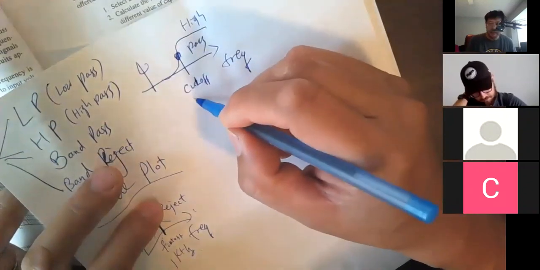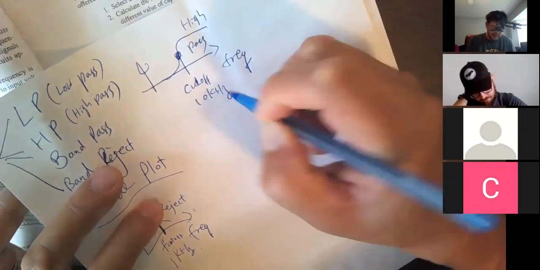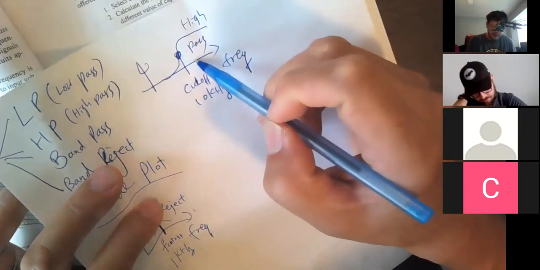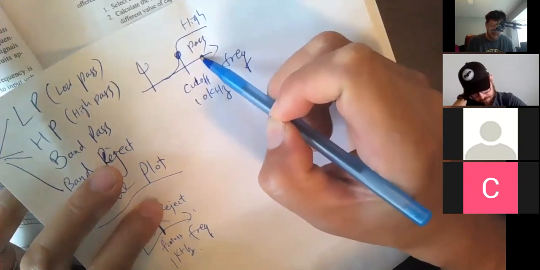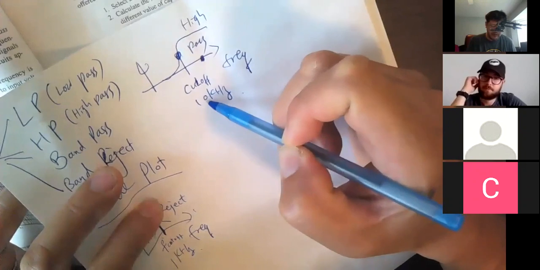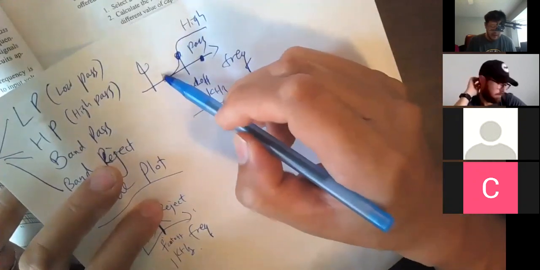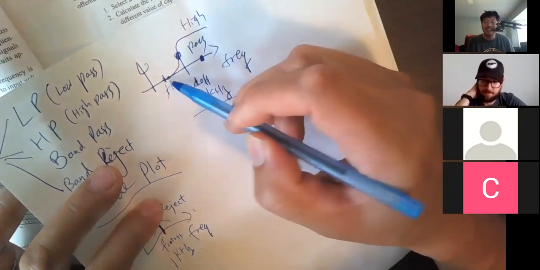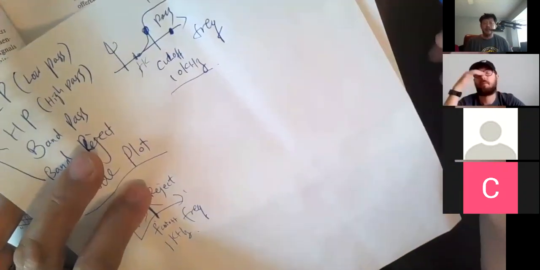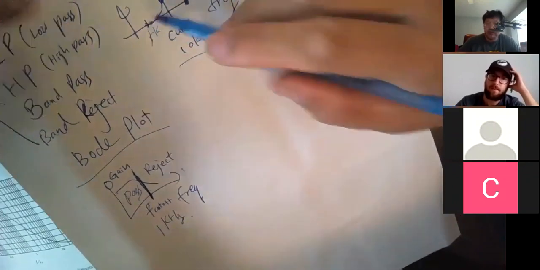If the cutoff frequency is 10,000 Hertz, so if your signal is 20,000 Hertz, it will pass, because the cutoff is 10,000. If your signal is 5,000 Hertz, it will be rejected. So at the output, there's nothing, because the signal is blocked.